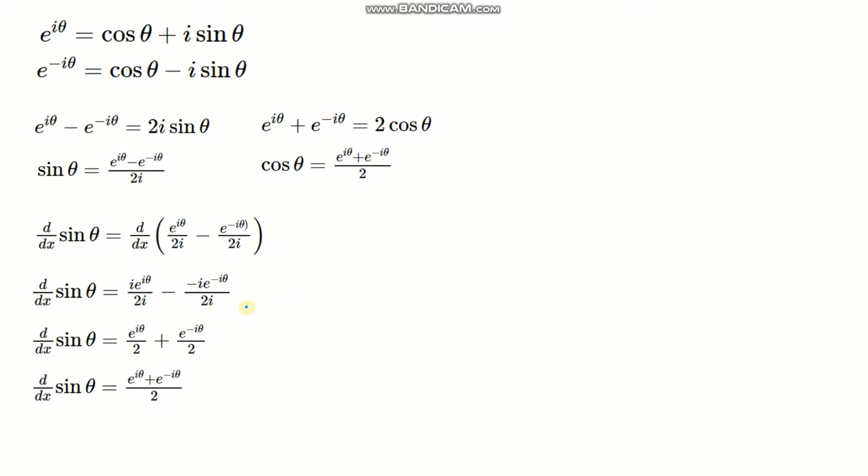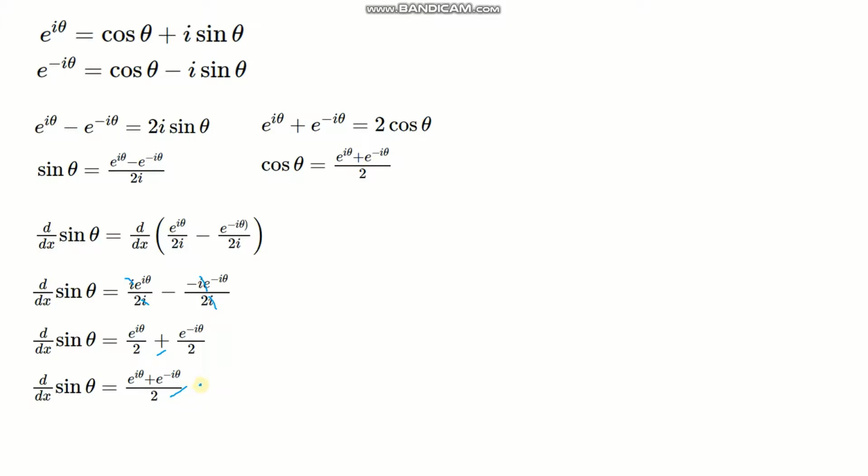And nicely, we can cancel the i in both terms, and negative times negative is positive, so we have e to the i theta over 2 plus e to the negative i theta over 2, the same as e to the i theta plus e to the negative i theta all over 2.